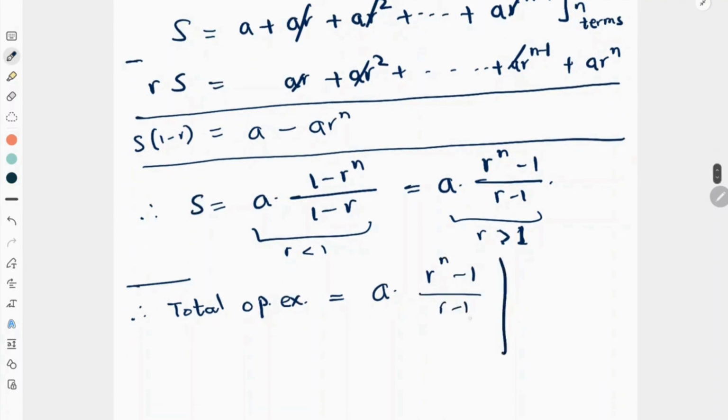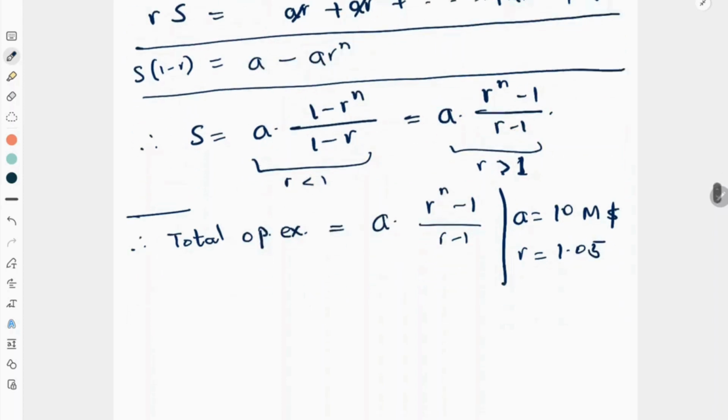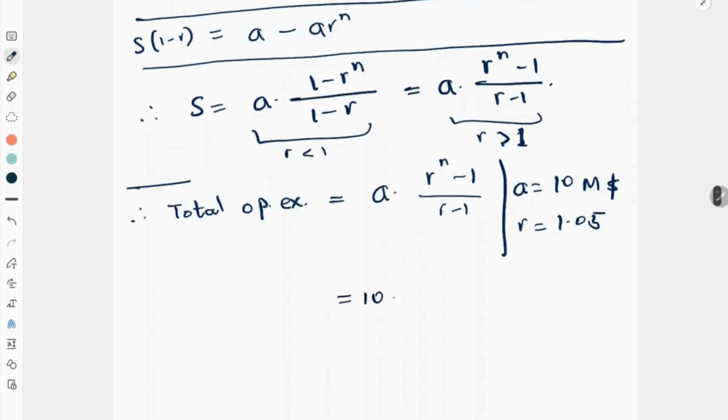Here in our case, a is $10 million, r is 1.05, so 10 times 1.05 to the power 20 minus 1 divided by 1.05 minus 1.